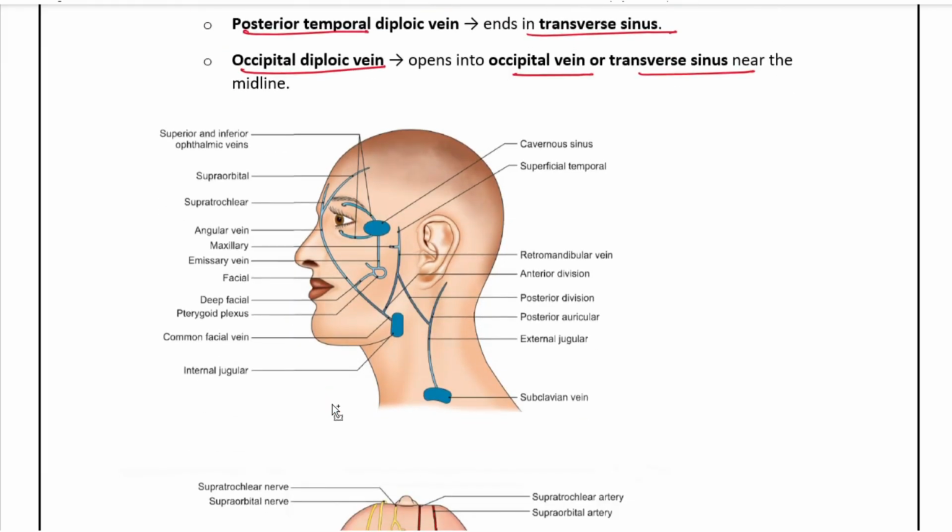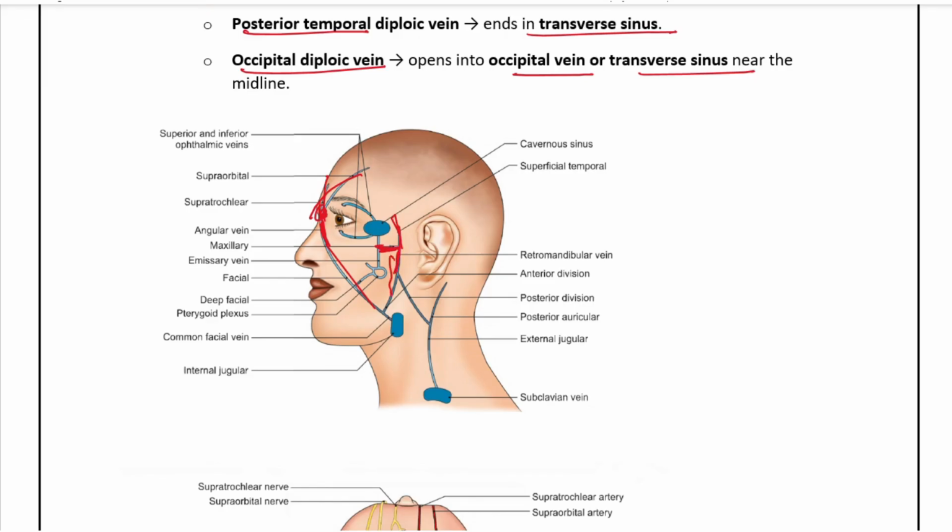Now we have to draw diagrams as it's a must. Okay, for extra marks, we'll understand the venous drainage first. Now this is your supratrochlear vein, which joins the supraorbital vein here at the medial angle of the eye to form the angular vein. This continues down as the facial vein. Then here we have the superficial temporal vein, which joins the maxillary vein to form the retromandibular vein.